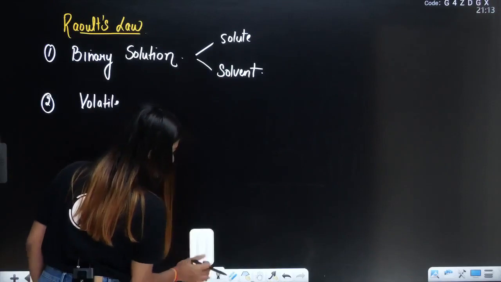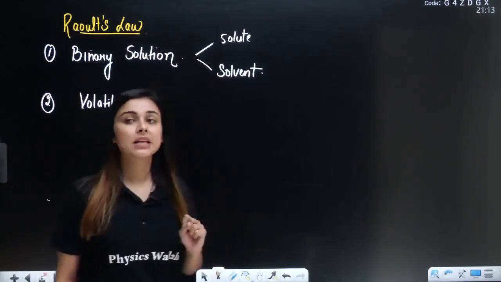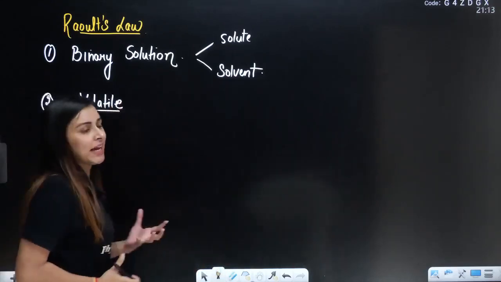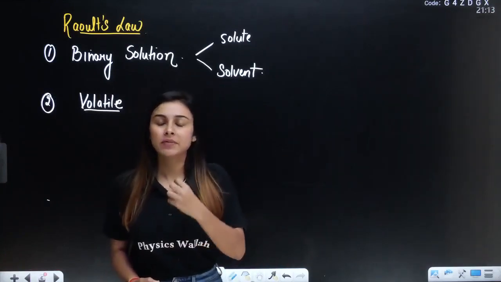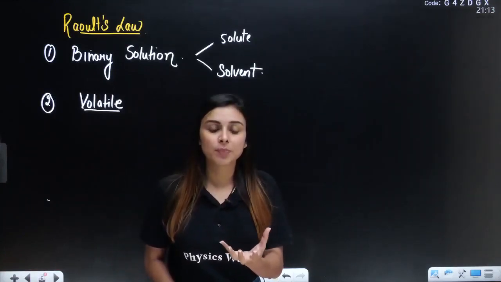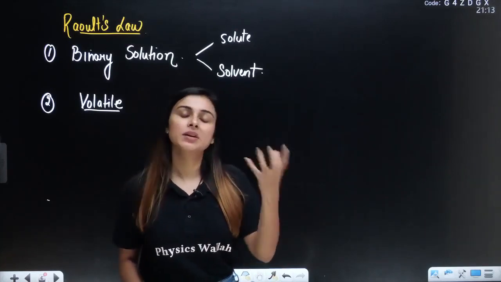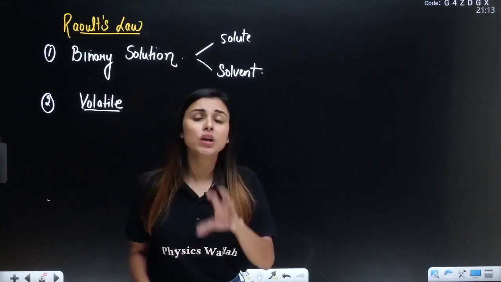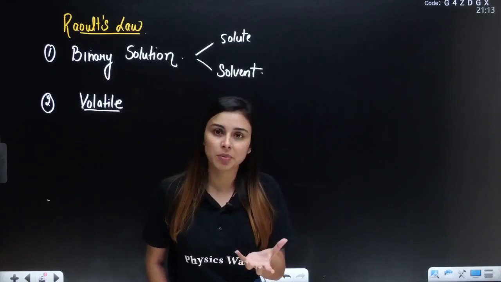Now, we were talking about the volatile liquids, right? So, what does volatile mean? Volatile means the liquids which can give vapors. There are a few substances which can form vapors, but there will be some substances which will not form vapor. The volatile substances will have some vapor pressure.